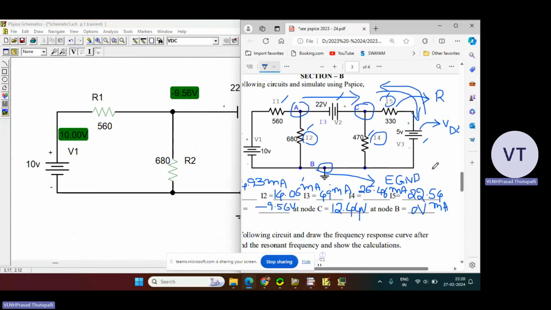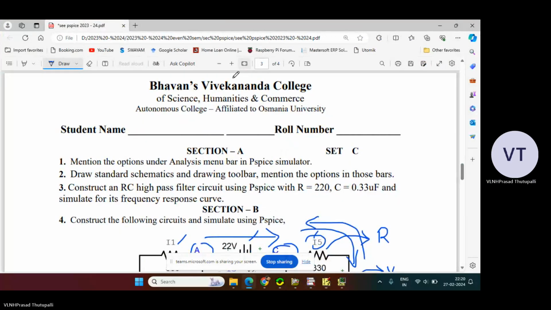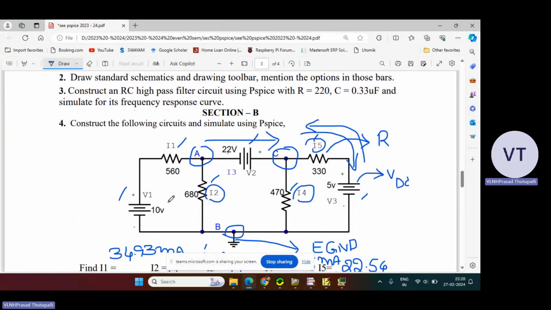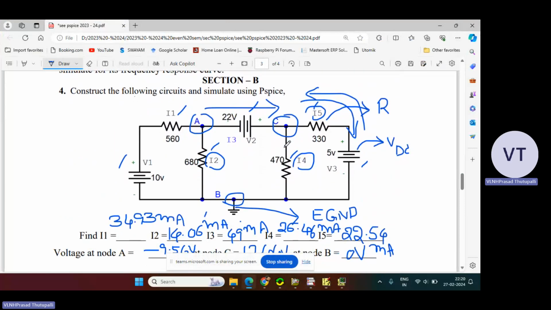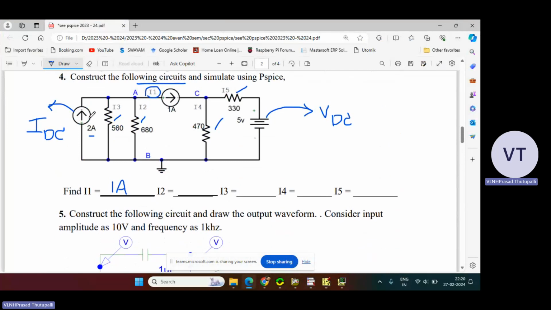This is the answer for the question that I asked you under construct the following circuit and simulate using these files. Here you have to consider IDC, two resistors and two resistors here and VDC, and simulate it like this.